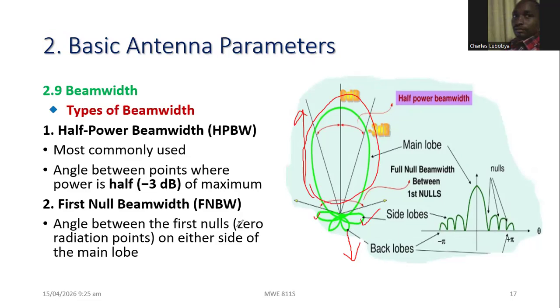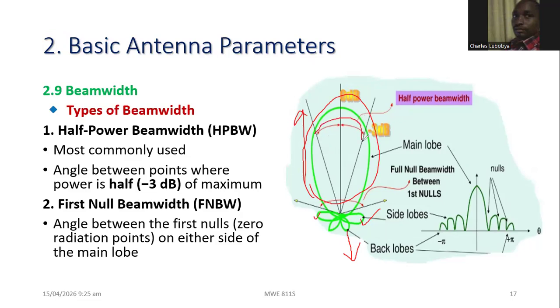So there are two types of beam width. There's what is known as half power beam width, HPBW. Now, half power beam width is the most commonly used one. It is essentially the angle between points where power is half, or minus 3 decibels. So in short, it is this angle here, right?